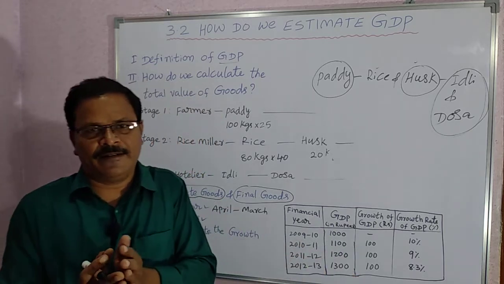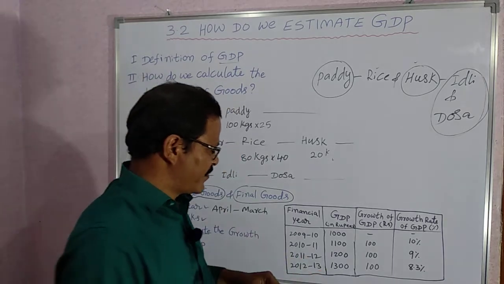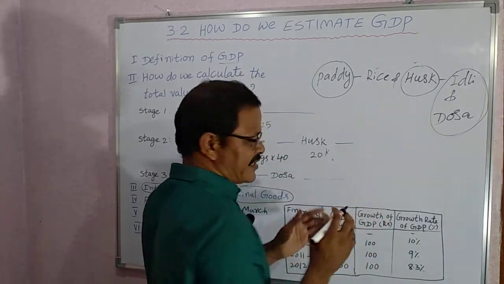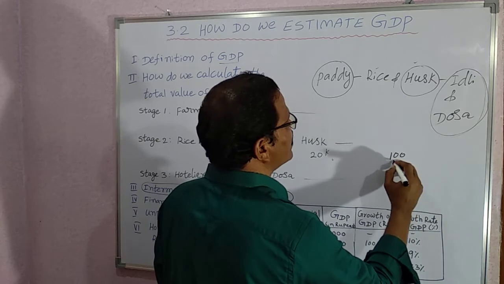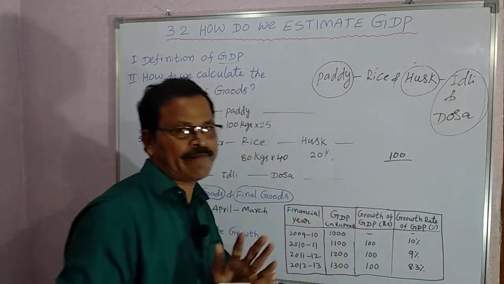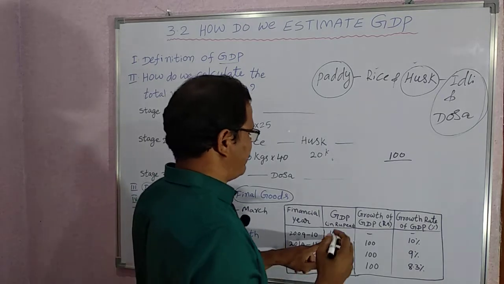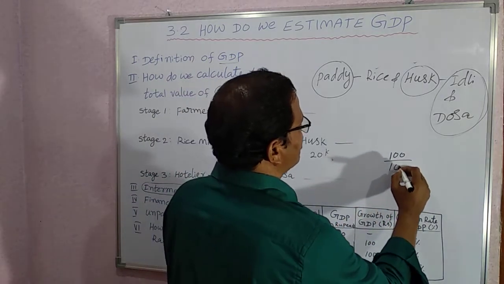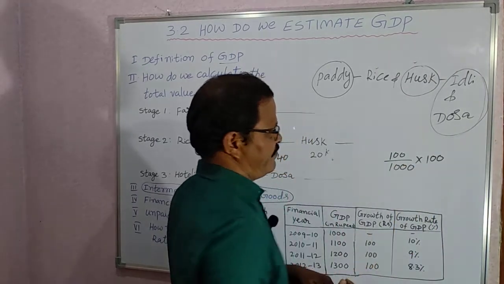If we calculate it in percent, the growth of GDP, 100, divided by the previous year's GDP, 1,000 rupees, into 100.